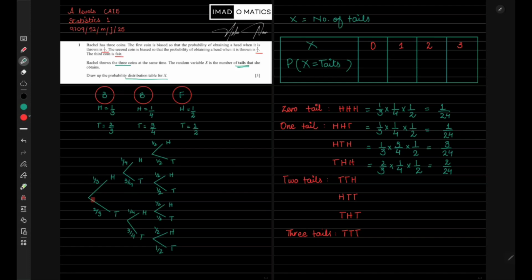For the 2 tails, we have tail, tail, head; head, tail, tail; and tail, head, tail.